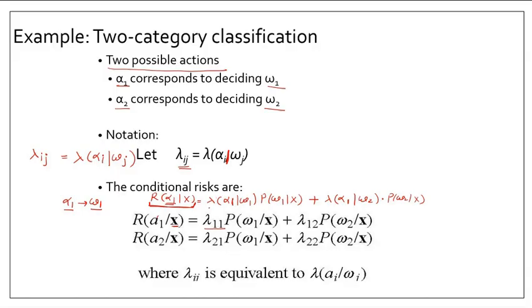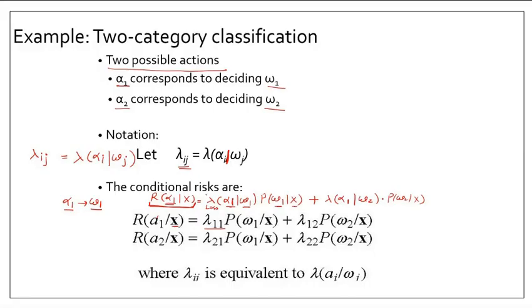Now this you can write as equal to, this is a loss. You take into consideration the loss when the decision is alpha 1 given that the true state is omega 1, then the probability of omega 1 appearing when the input is x.